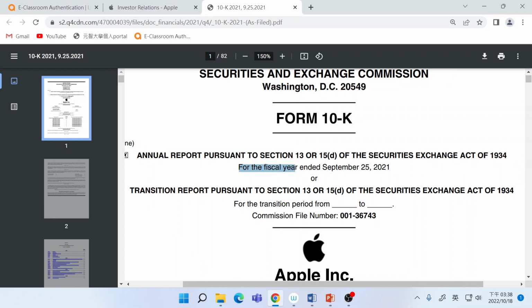Here, for the fiscal year ended September 25th, 2021. So, yes, fiscal year. What is the last day? For Apple company, its last day is September 25th. So which is the first day for Apple company? September 26th last year, right?